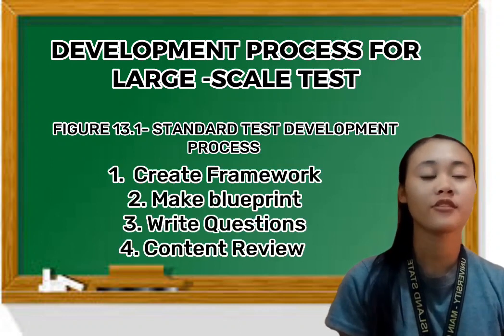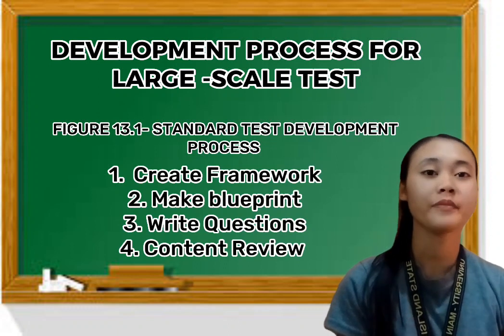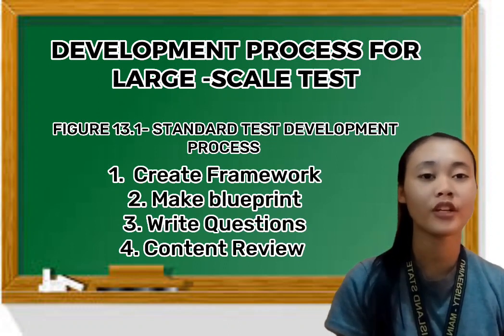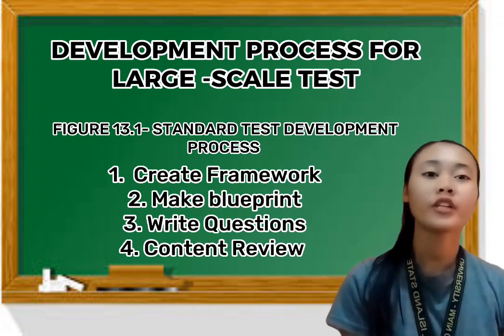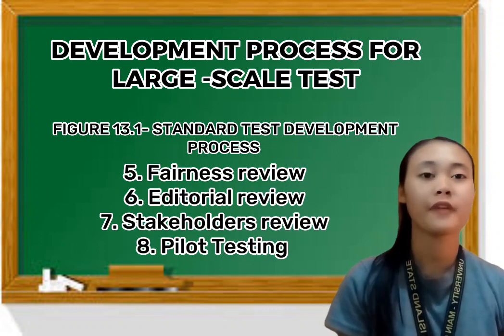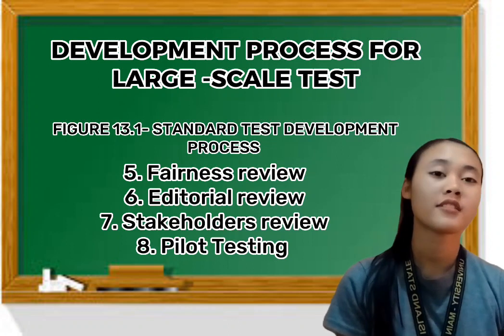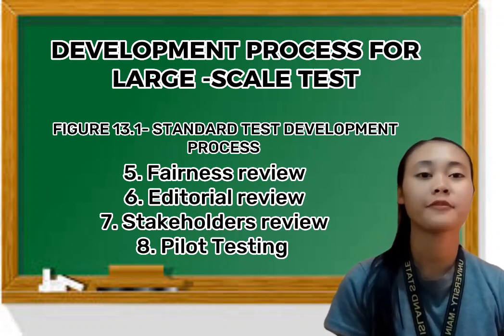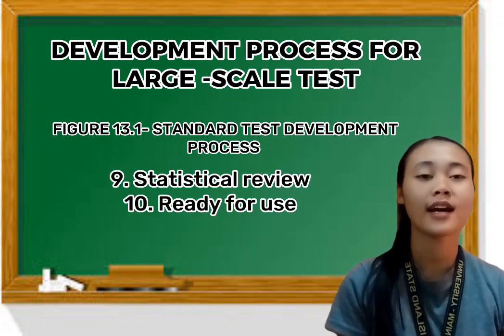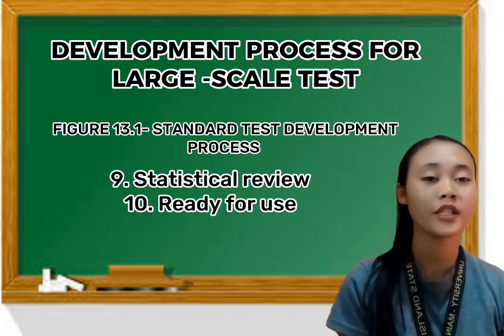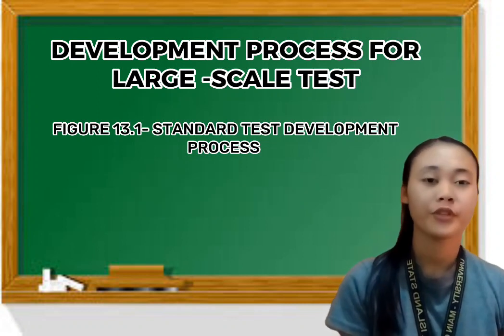First is create framework. Second, make blueprint. Third, write questions. Fourth, content review. Fifth, fairness review. Sixth, editorial review. Seventh, stakeholders review. Eighth, pilot testing. And the ninth, statistical review. And the last one is ready for use.